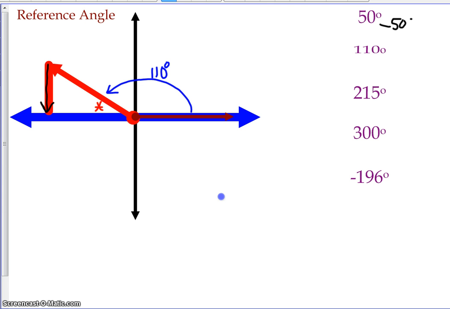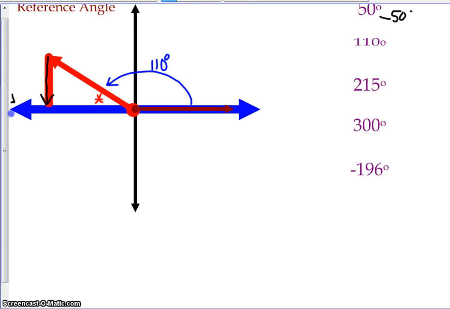How would we figure out the degrees? Well, all the way across would be 180 degrees. We know that all the way across here is a 180-degree angle. So we want to go a little bit less than that. We want to take away the 110. So we're going to go 180, subtract away 110. Oh, I get it. This is a 70-degree angle right there.